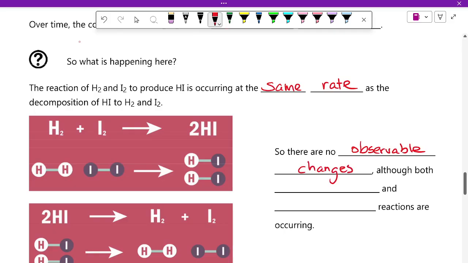Although both the forward, and just so you know, this is forward, FWD, and reverse, rev, reactions are occurring.